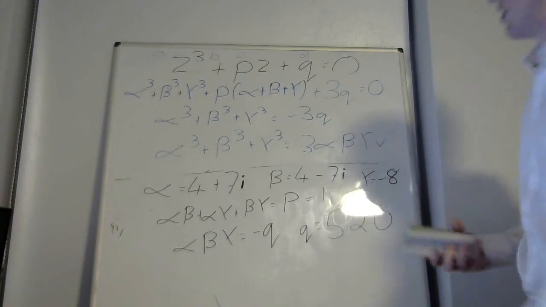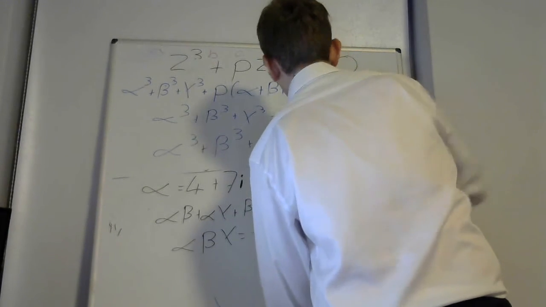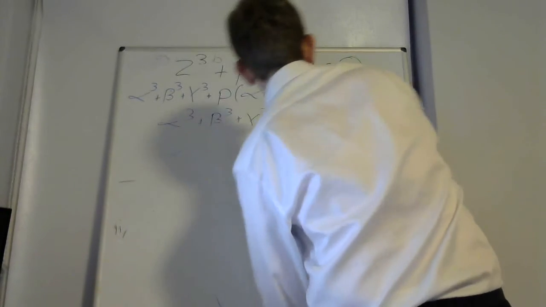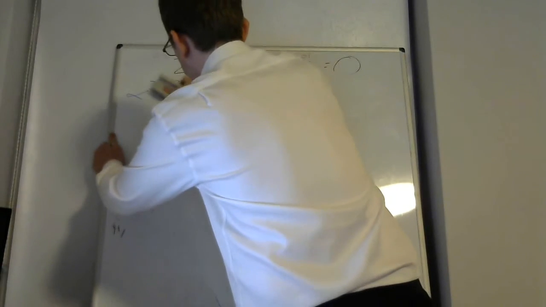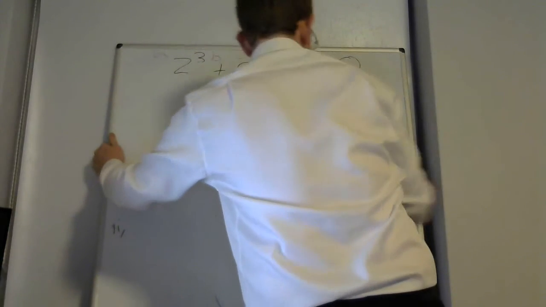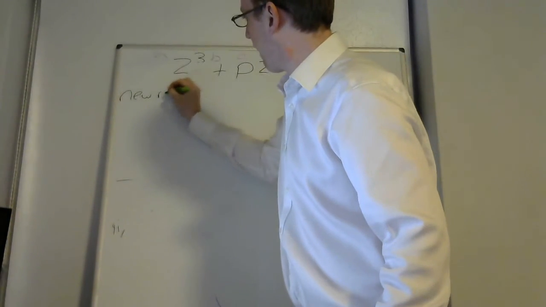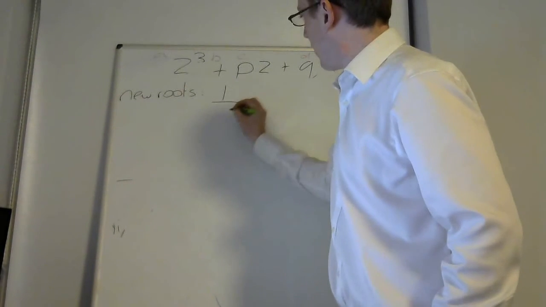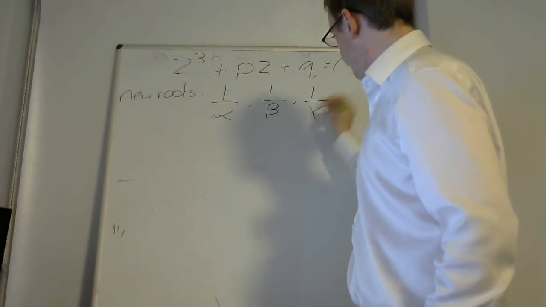And a classic way to finish these type of questions actually is to ask now for an equation with new roots. So find the equation with roots 1 over alpha, 1 over beta, and 1 over gamma.